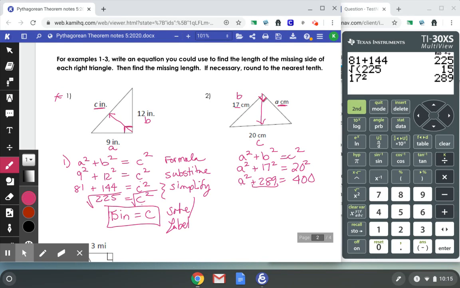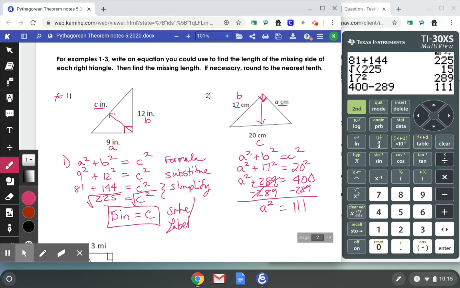Just like equations in the beginning of the year, to get rid of a plus 289, I'm going to subtract 289 from both sides. So I'm left with A squared equals 400 minus 289, which equals 111.